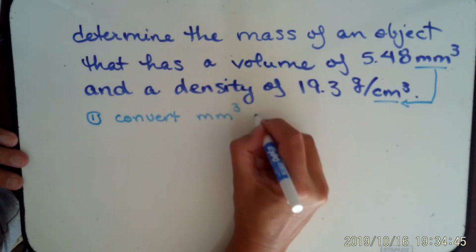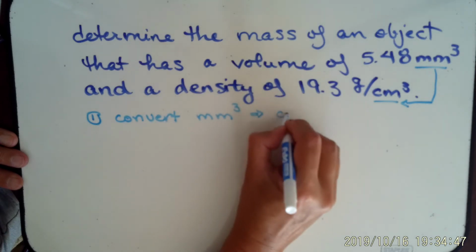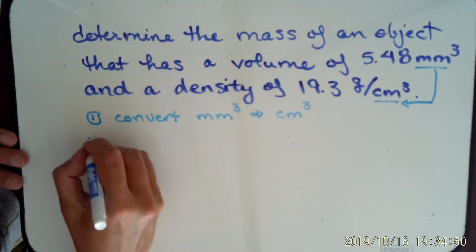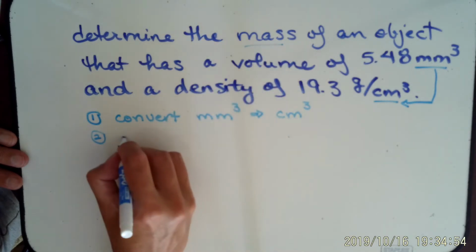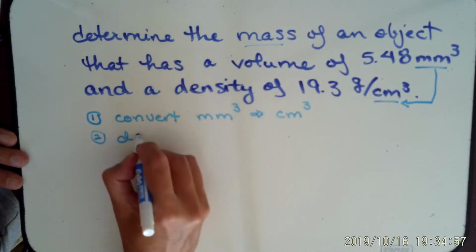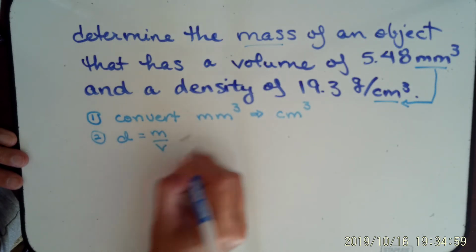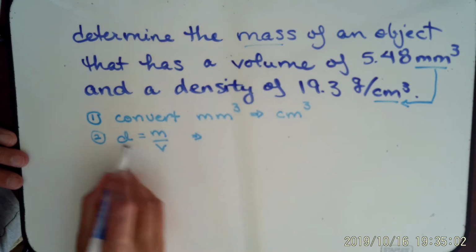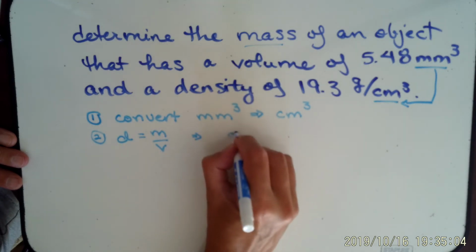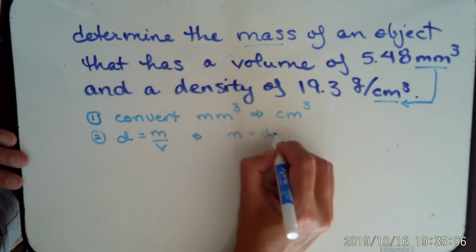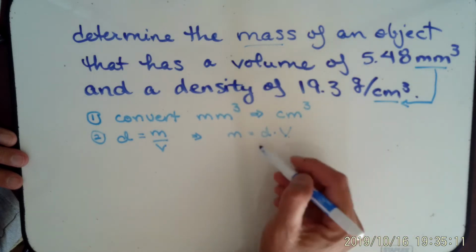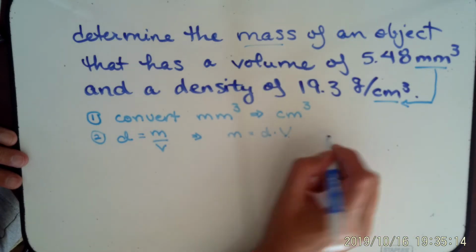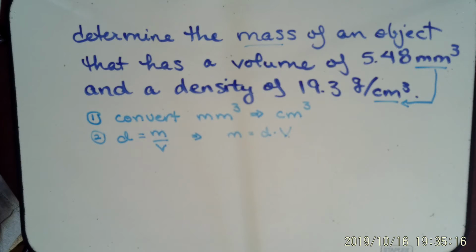And then 2, since we're looking for the mass, we know that our equation density is equal to mass over volume. So if I multiply both sides by volume, mass is going to be equal to density times volume. Once I have the right units, I can cancel that out and get my mass in grams. So let's go ahead and do the conversion first.